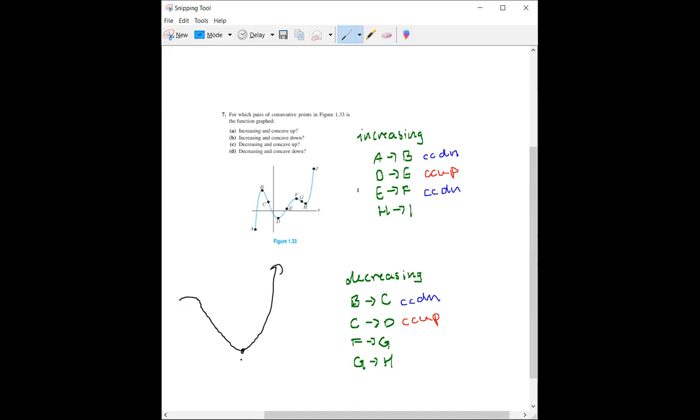Here's F, and here's G, it might be easier to think about. FG will be down and GH will be up. And then HI will be up as well. And now we have sorted them.